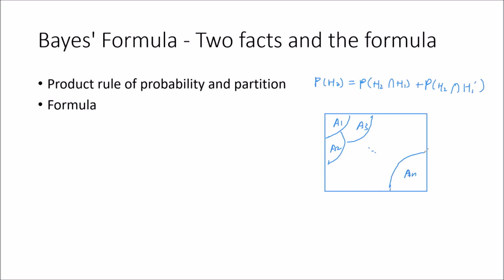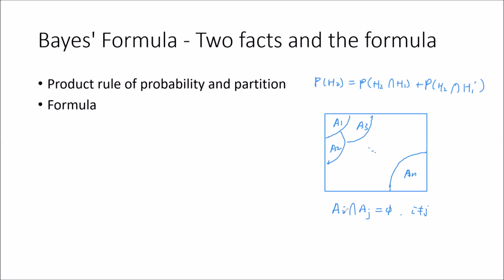These sets, I'm going to give them two properties. One, they are mutually exclusive. So Ai intersect with Aj is empty if i is not equal to j. If i equals j, then it's just Ai, and the Ai are not supposed to be empty.